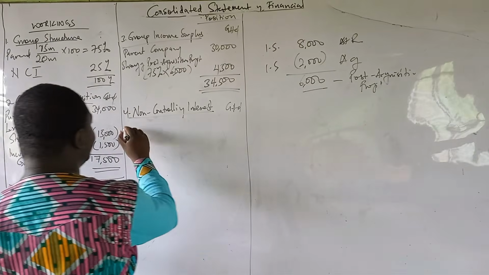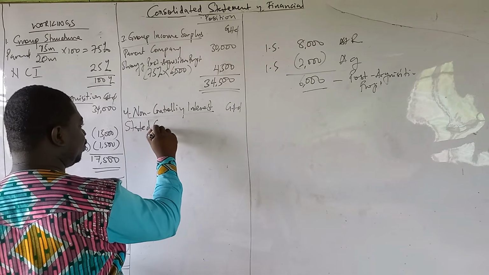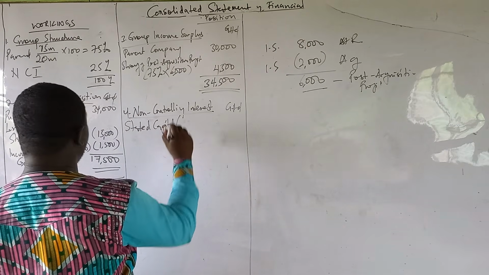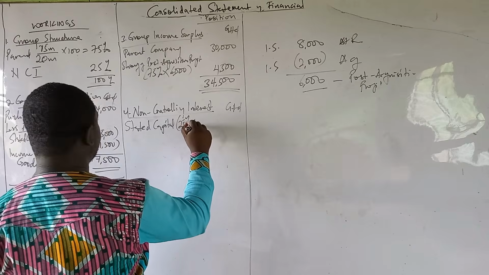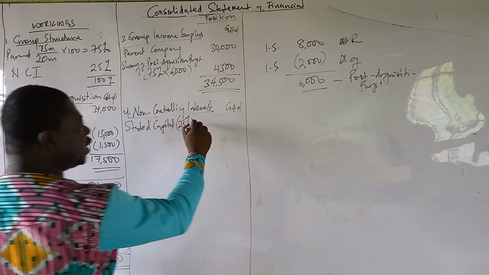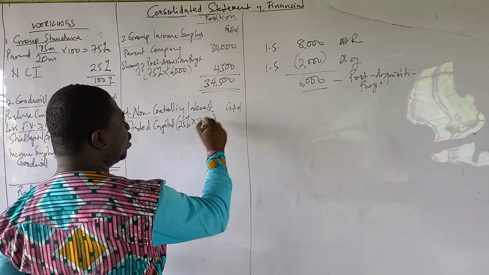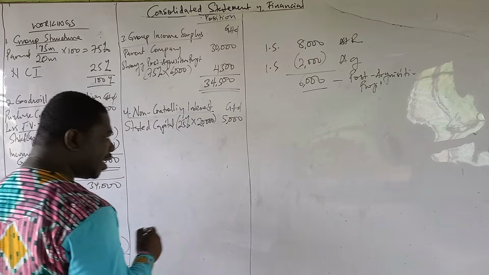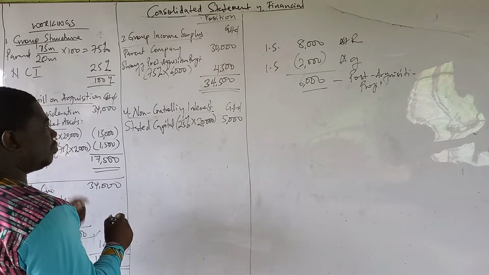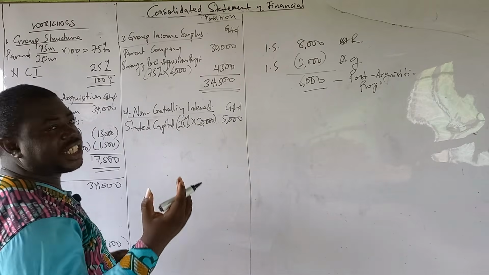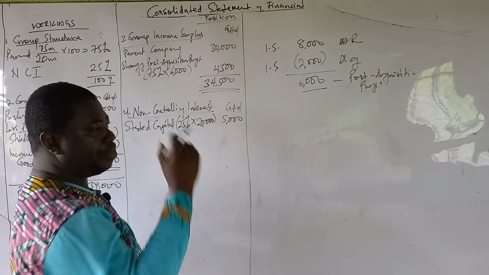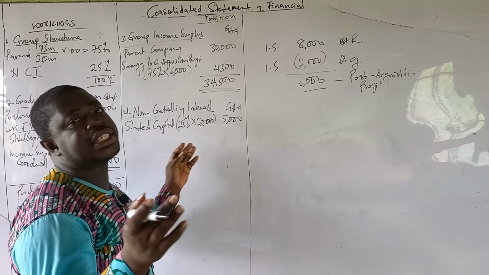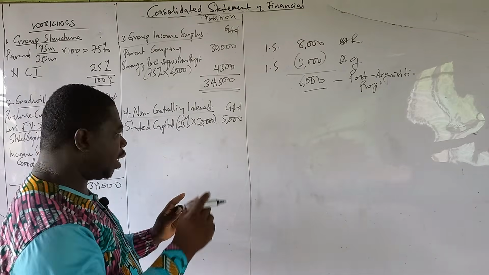So look at how it's going to be. The stated capital: they have 25% of the 20,000 of the subsidiary, giving them 5,000. Then, because they have a share both in the post and the pre, you can decide to just add the two to make it one.